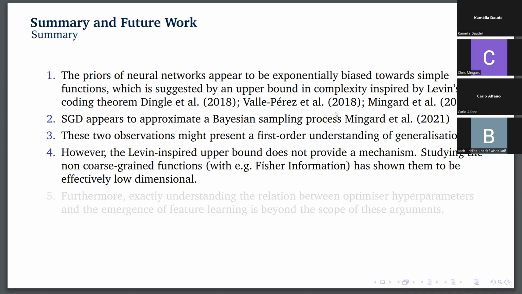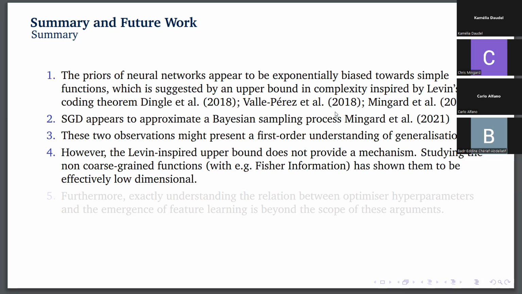But there are obviously lots of problems. The Levin inspired upper bound, to be clear, doesn't provide any very specific mechanism. It just says if you have a highly parameterized system, with many more parameters than data points, and it satisfies a bunch of requirements, then you would expect to see strong inductive biases towards simple functions.